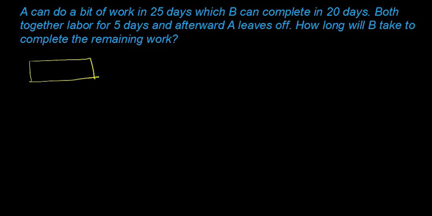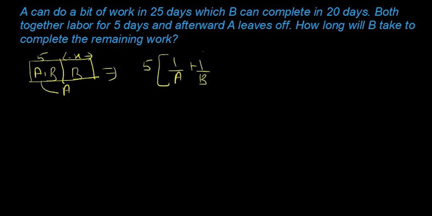So in the first 5 days, A and B were together, and after that A leaves off, and the remaining work was completed by B. So let's say x was the time frame when B worked alone without A. So let's write down an equation: in the first 5 days A and B were there, and for the rest of the x days only B was there, and the work was completed.